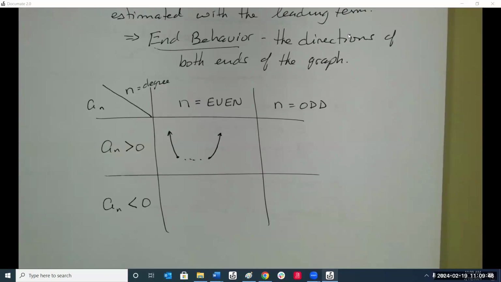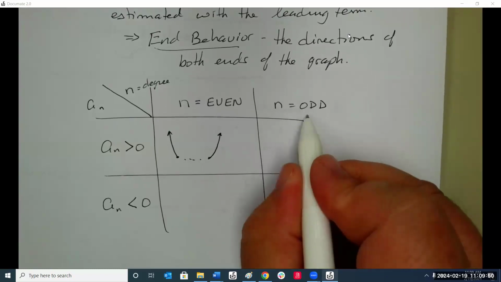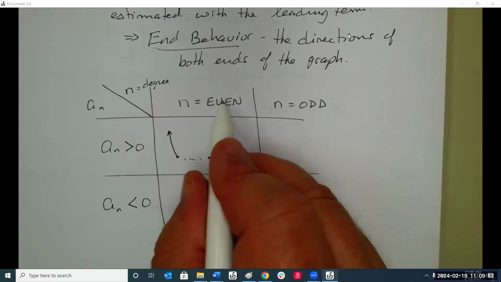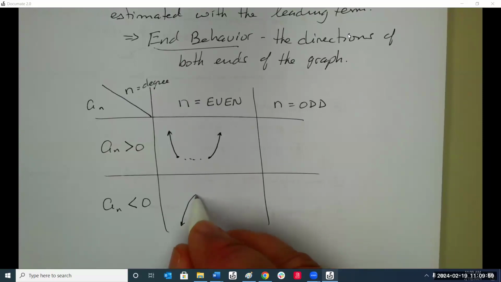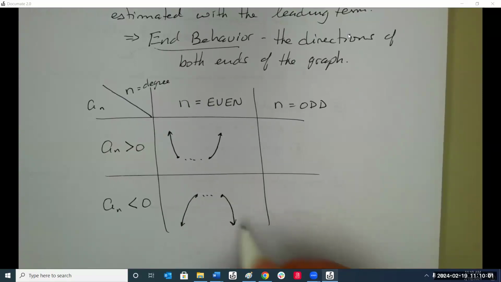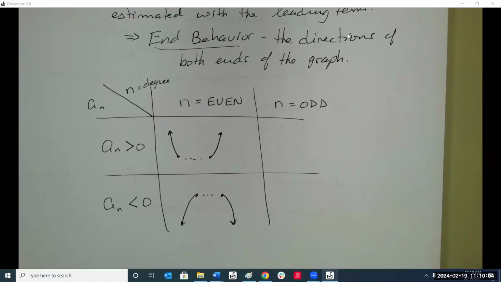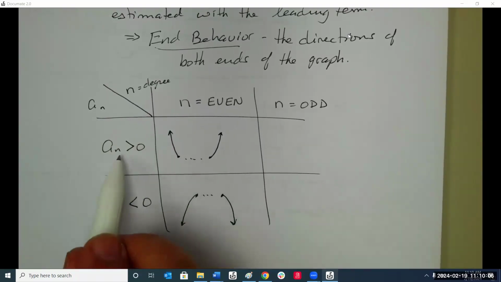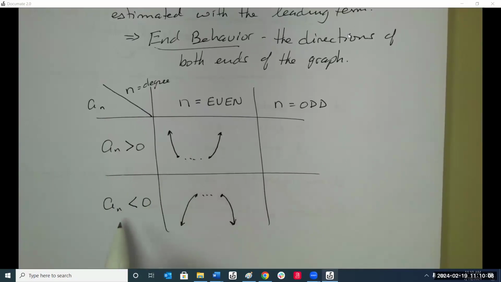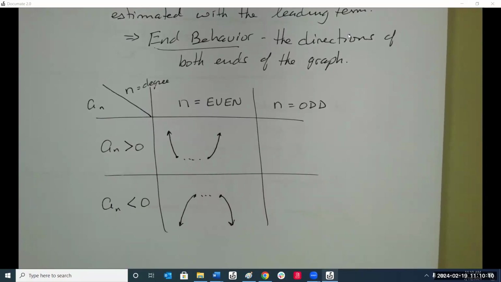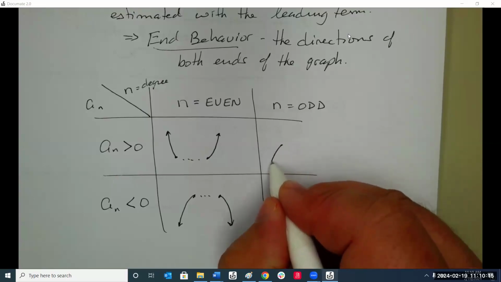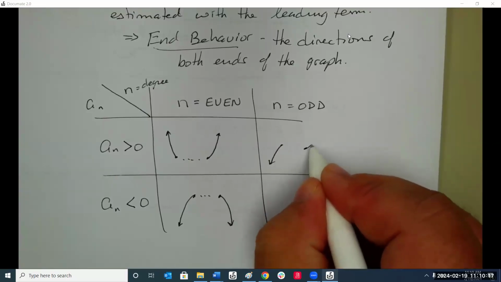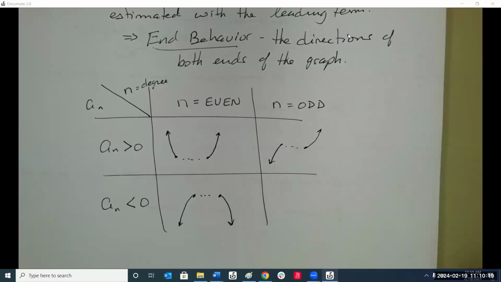If n is even and a is negative, our graph will be pointing down. So if a is positive, it's increasing. If a is negative, it's decreasing. If n is odd, both ends point opposite directions.